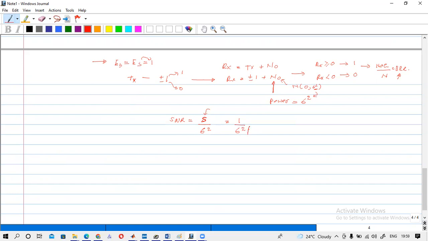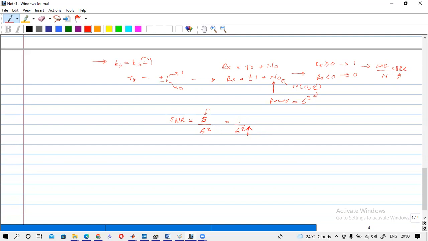Now I am changing this sigma. If I make sigma higher, I am going to increase the noise power, so SNR will be reduced.